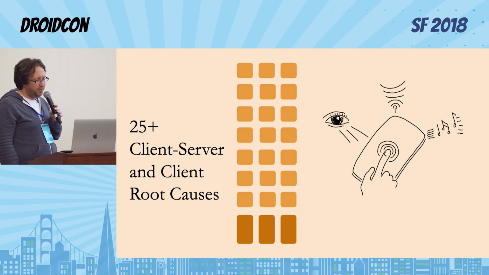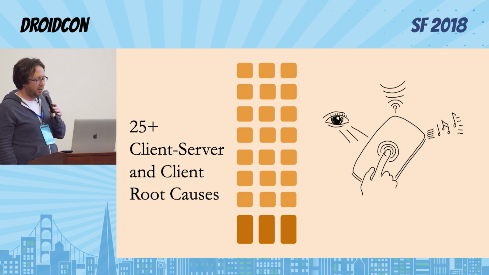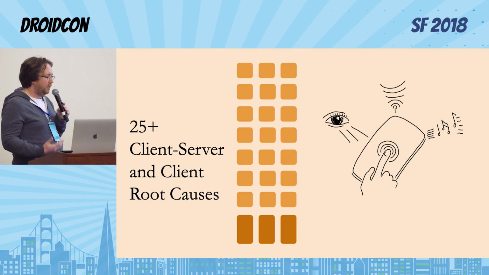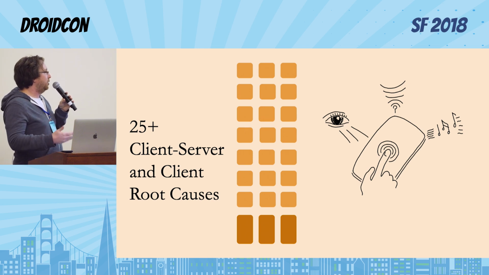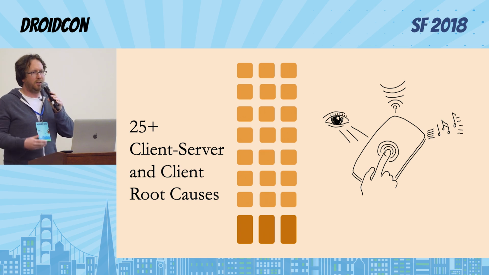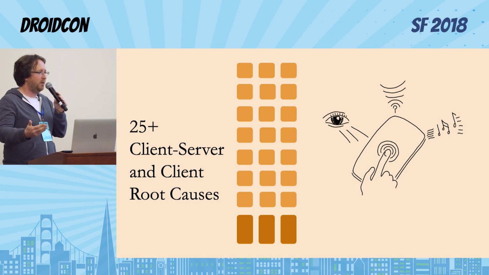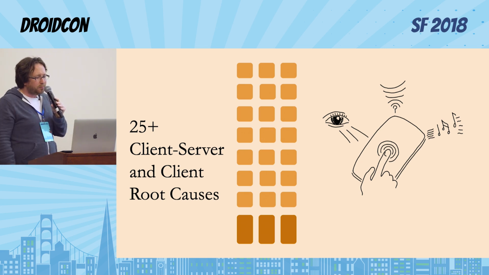The second type of issue that we built out as part of our genome mapping is what we call hidden signals, and they're client-server issues and purely client issues that are root causes for user experience issues. So these are a bunch of anti-patterns that are affecting the user experience, but that may be hidden because they're deep down in the network behavior or the application behavior.